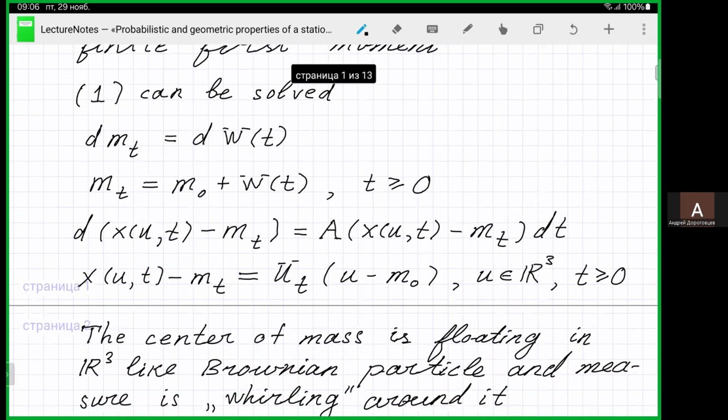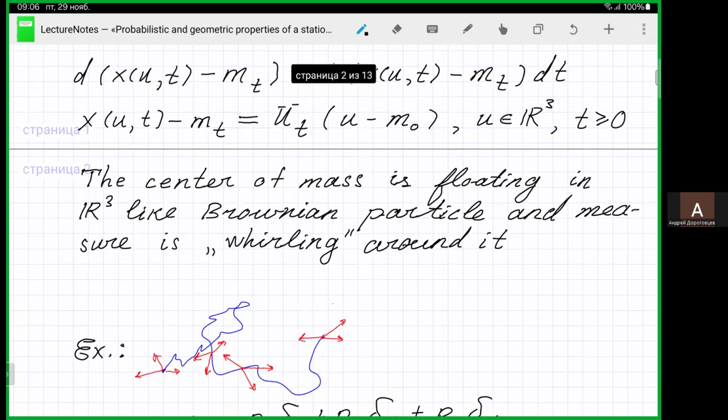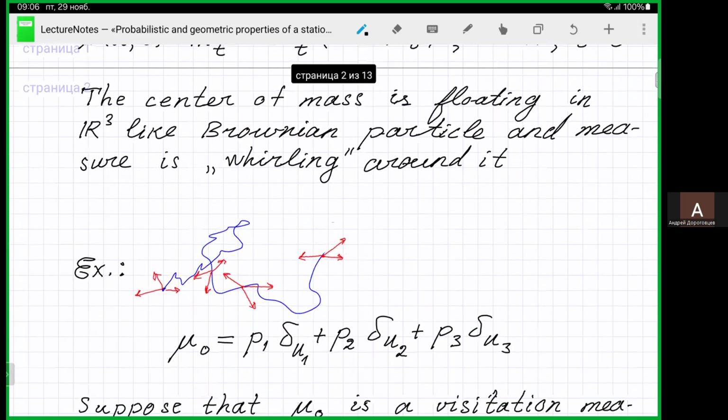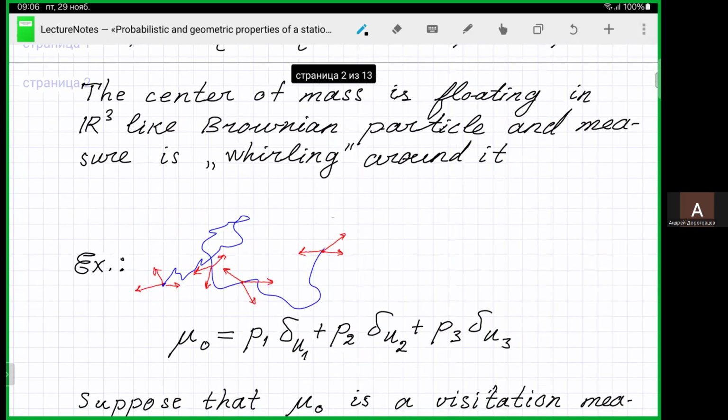So one can conclude that under this equation, the center of mass is floating in R3 like a Brownian particle, and the measure is whirling around this center of mass. You see in the example a picture for the initial measure mu_0, which was concentrated in three heavy points.